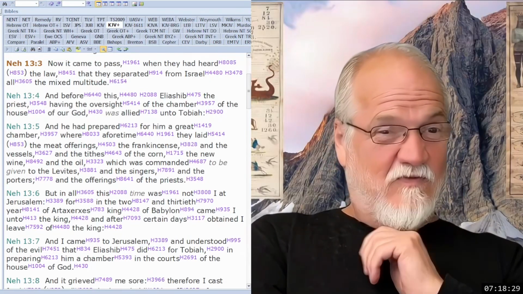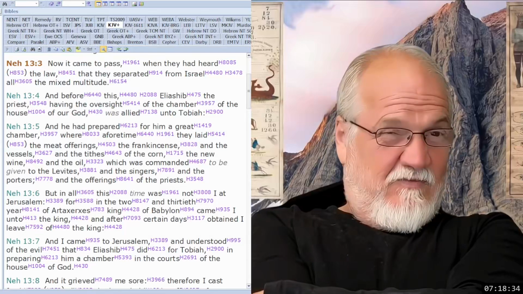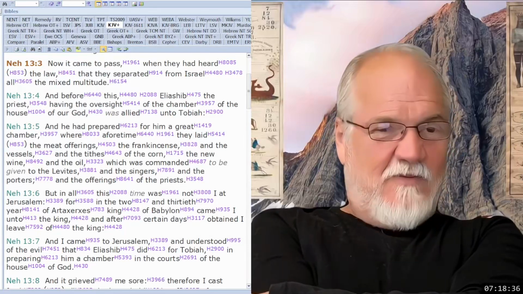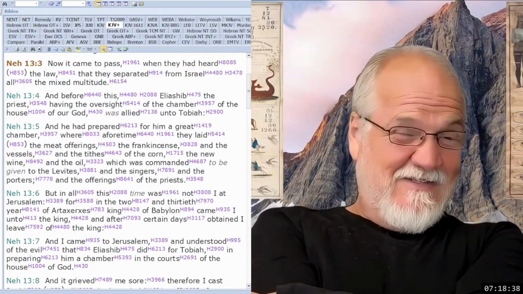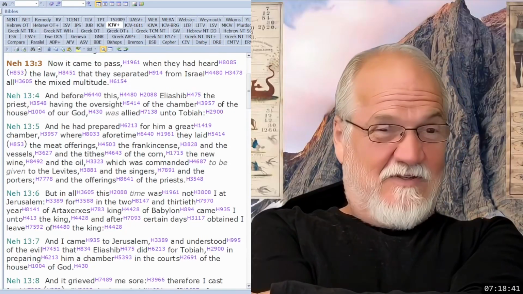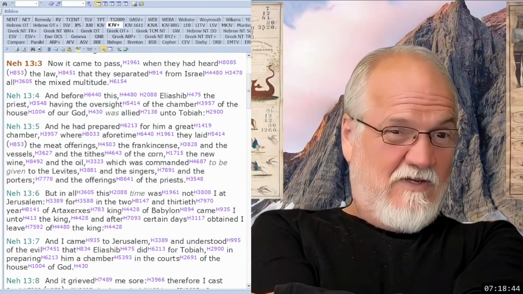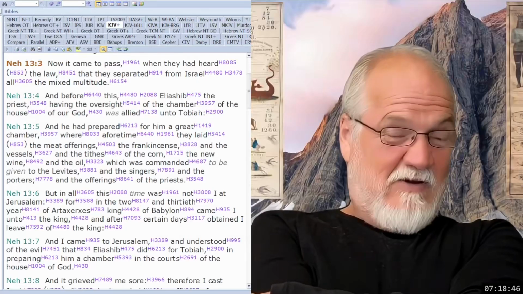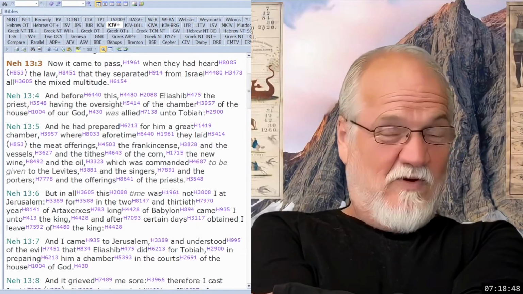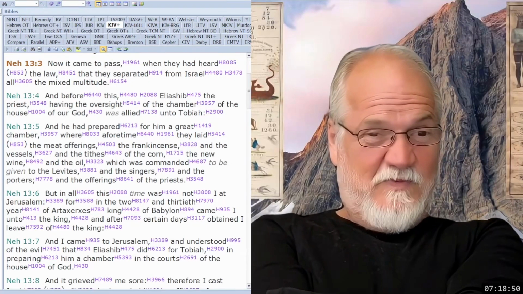But as far as the reform here, so Eliashib, if it represents the Adventist church and Tobiah is in this chamber, it's going to be Nehemiah who's going to kick him out. So Nehemiah would be this reformer, which would represent our reform movement.